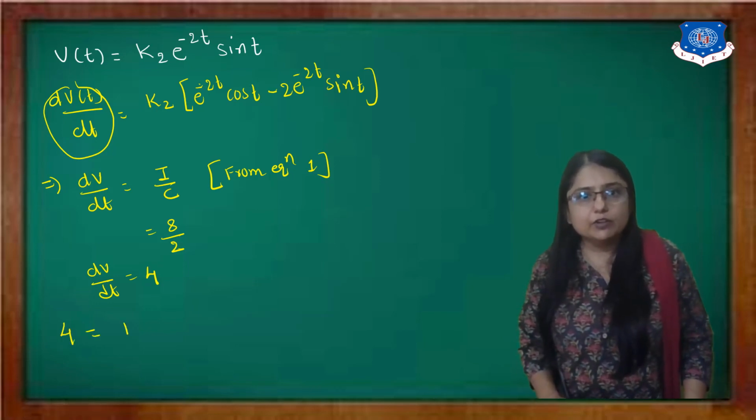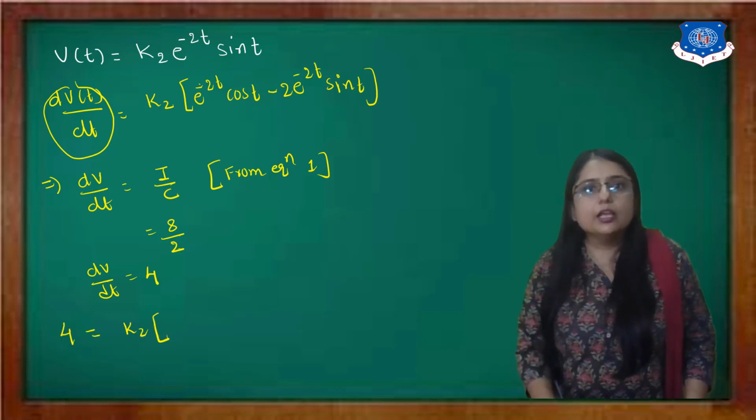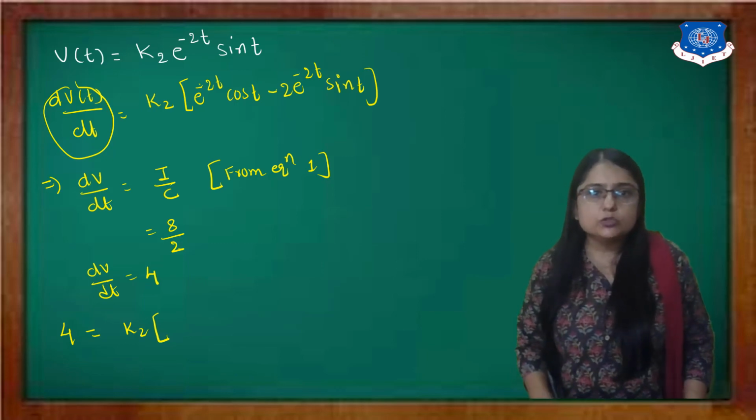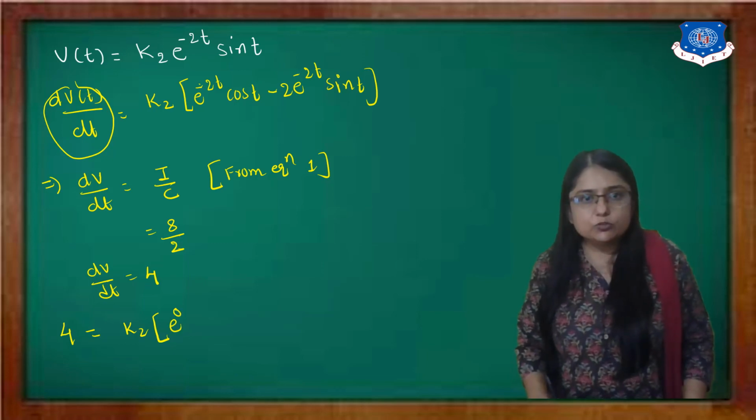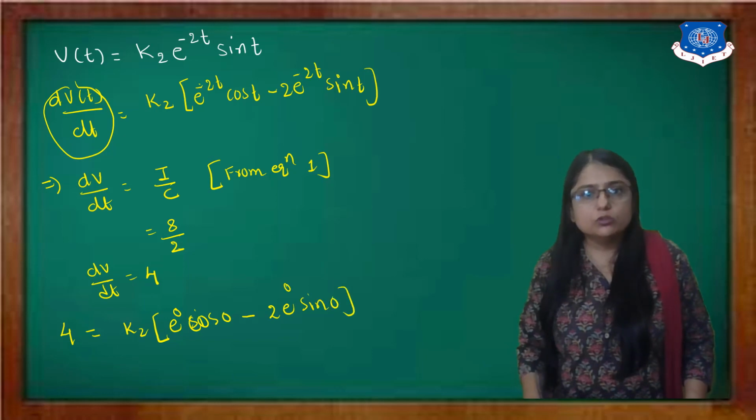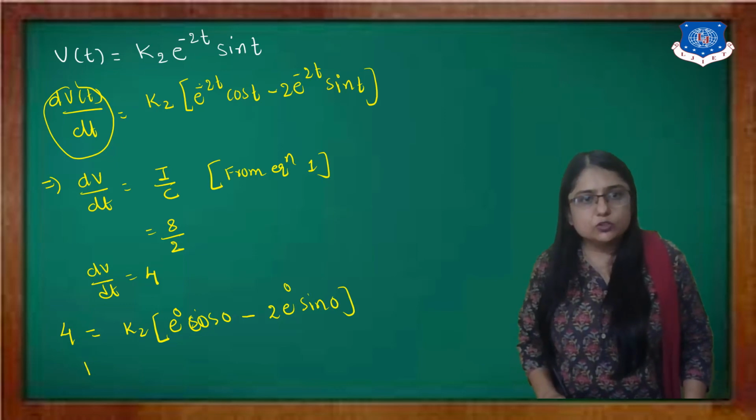So if you substitute 4, then I get 4 equals K2 times e raised to 0 cos 0 minus 2 e raised to 0 sin 0. The value of sin 0 is 0 and cos 0 is 1. So the value of K2 becomes 4.